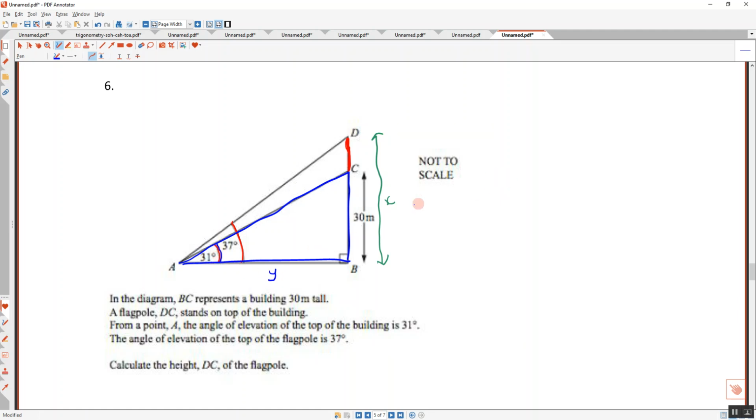So there's the angle, so this is the opposite, this is the adjacent, this is the hypotenuse. I know the opposite is 30, and I want to work out the adjacent. Opposite and adjacent, tan. So tan 31 is equal to opposite, which is 30, over adjacent, which is y. Because y is on the bottom, I'm going to have to do 30 divided by tan 31.